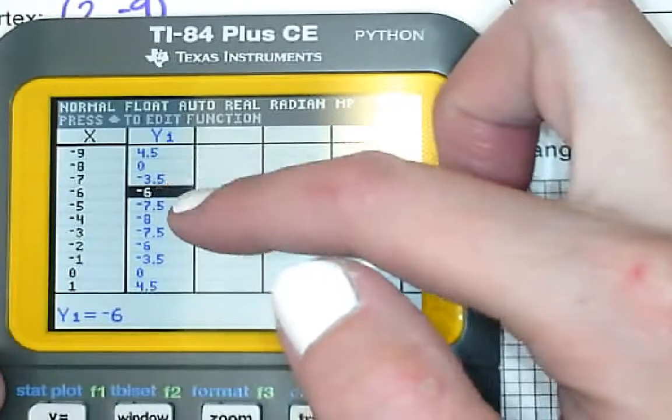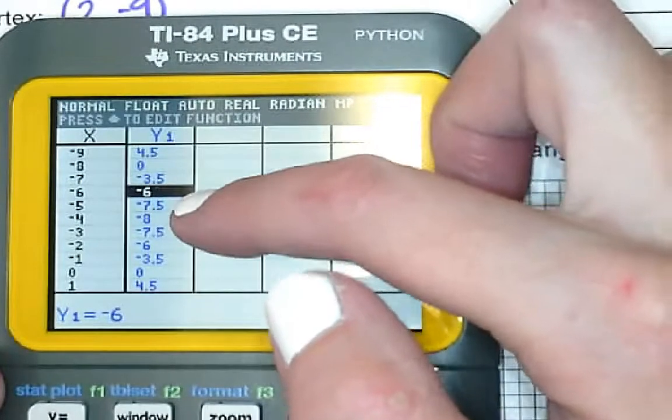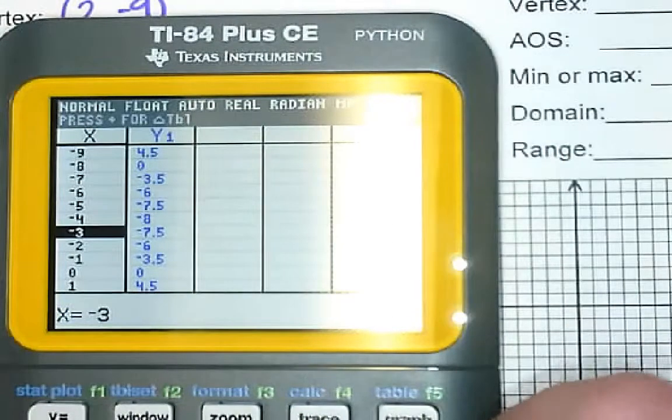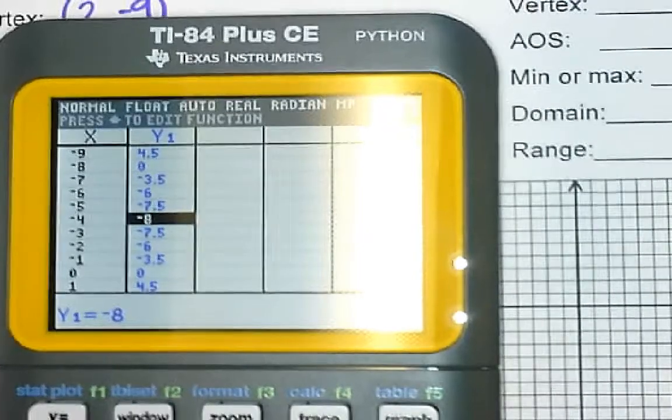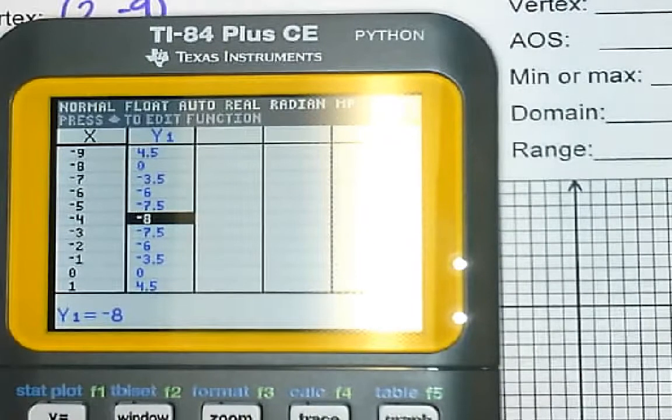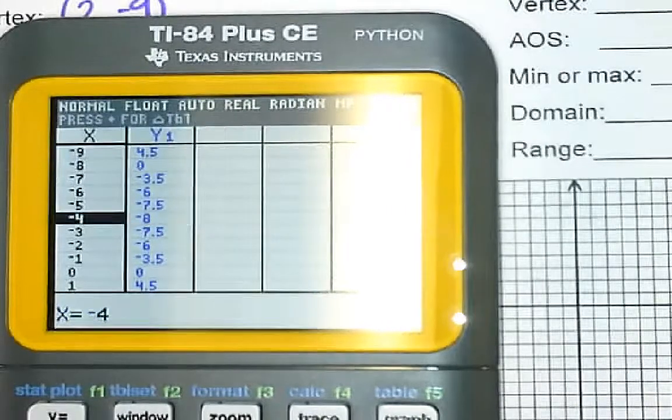No, those aren't the same. We want to find two that are exactly the same around it. -4 and -8. Yeah, it's -4 and -8. So -4 and -8, that right there is my vertex.